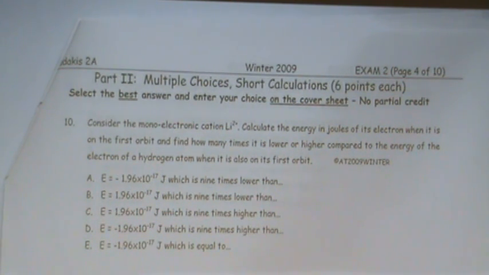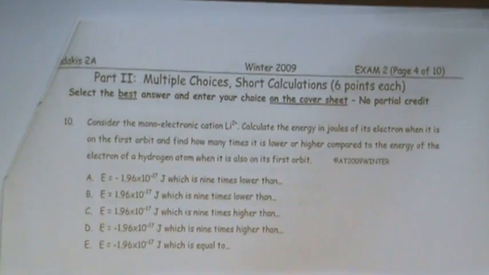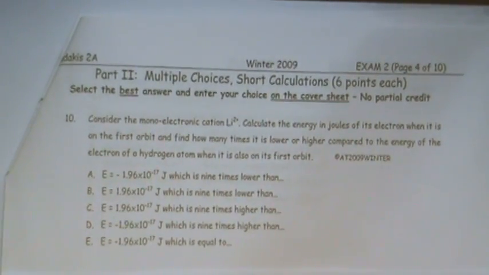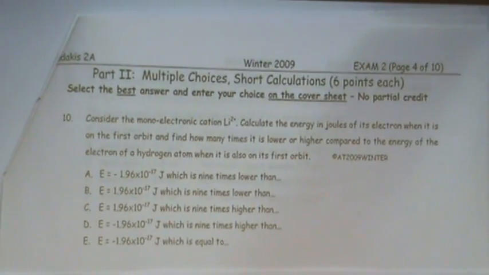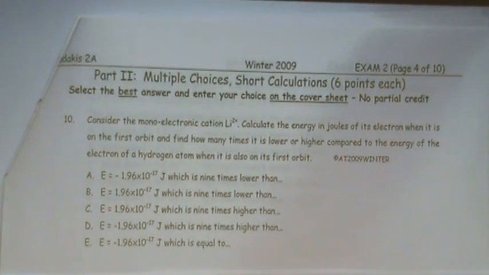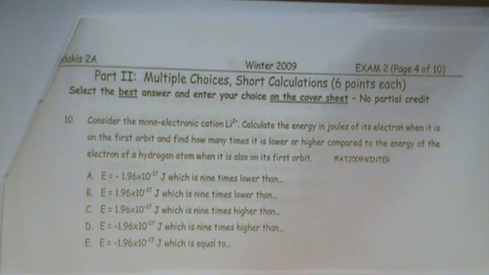Not only that, but to find out how many times it is lower or higher compared to the energy of the electron of the hydrogen atom when it is also on its first orbit. Okay, so the problem is talking about the energy of an electron of a monoelectronic species.